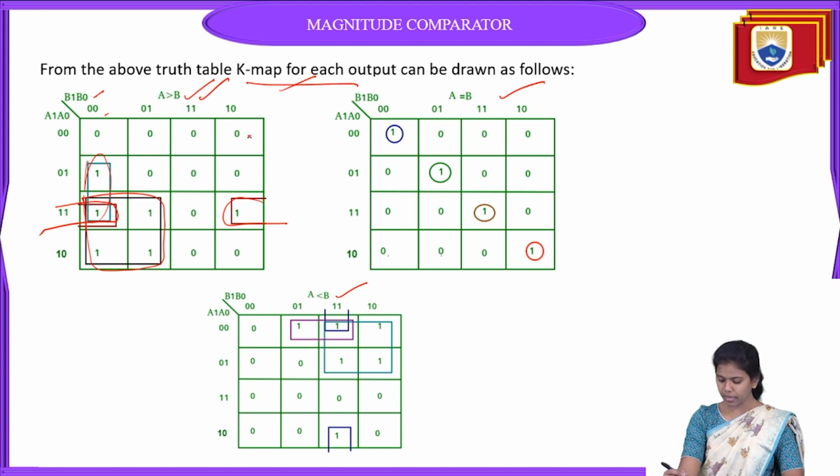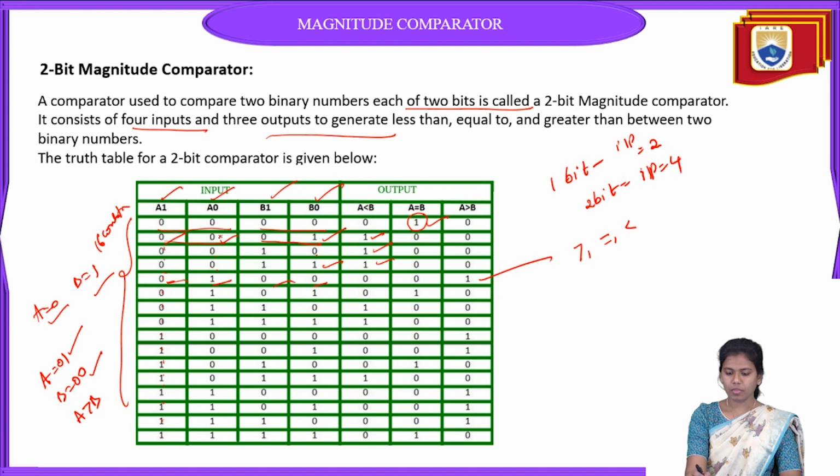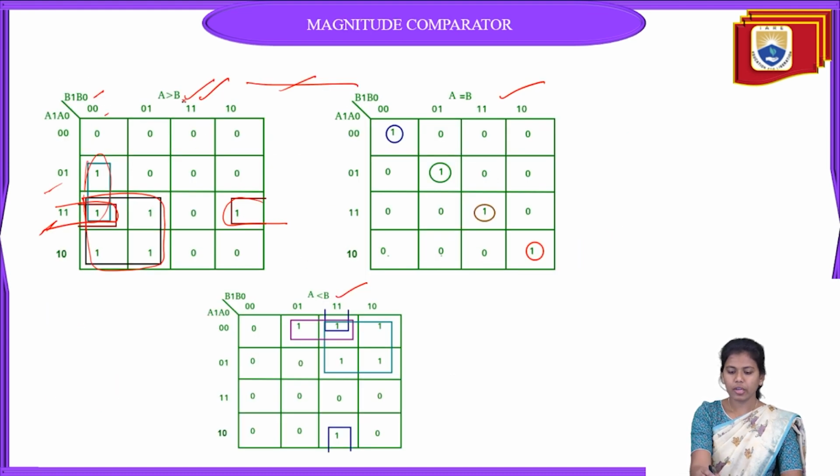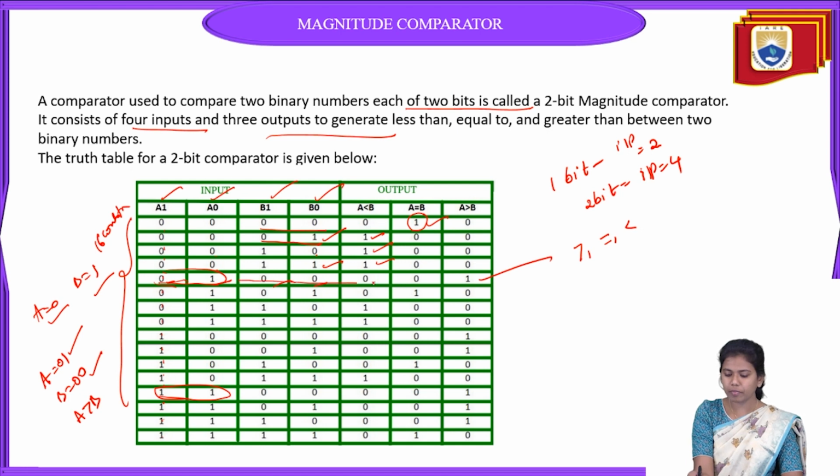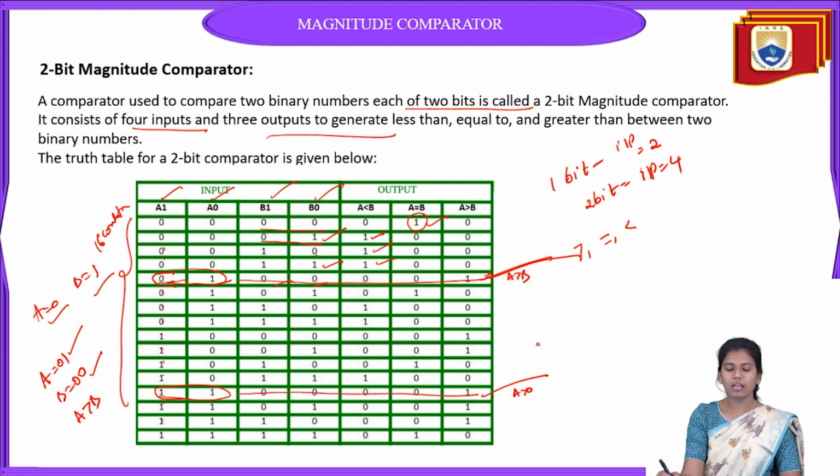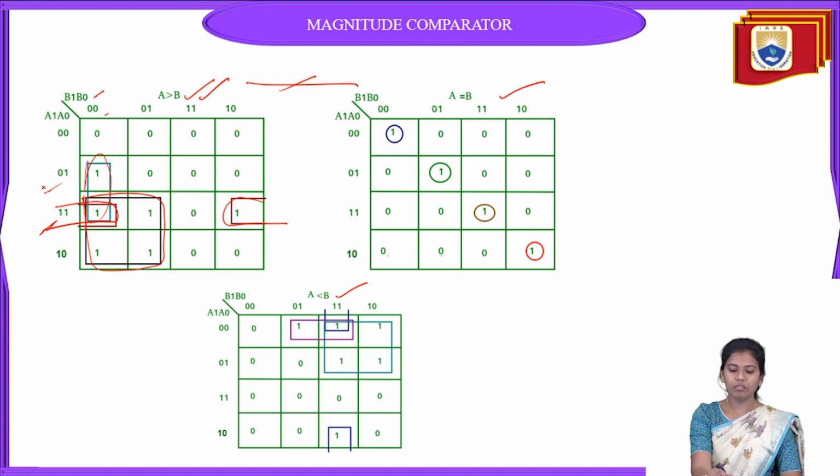This is with respect to A greater than B. For A1 A0, the combinations 01 and 11 give us A greater than B. So for the combinations 01 and 11 for A1 and A0, we are obtaining A greater than B.